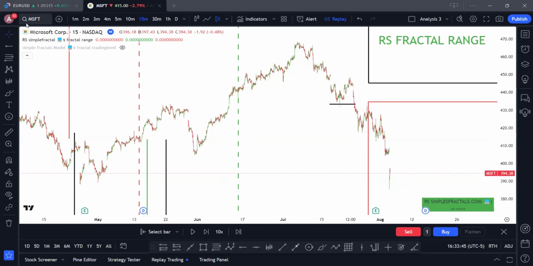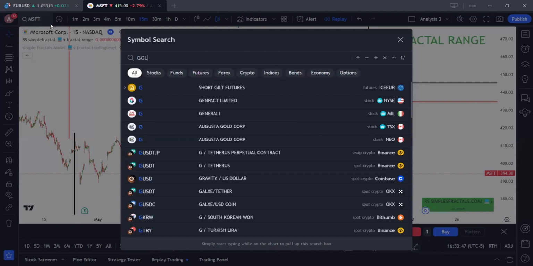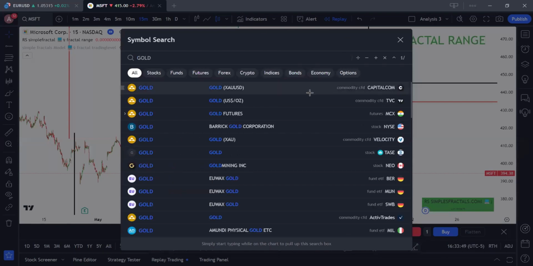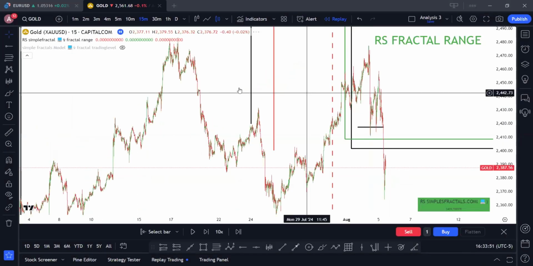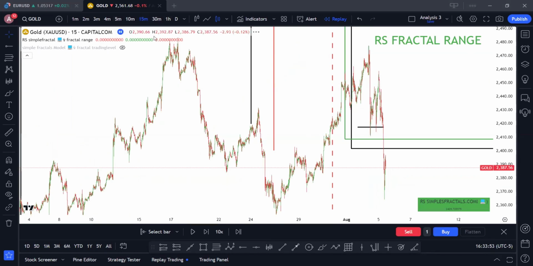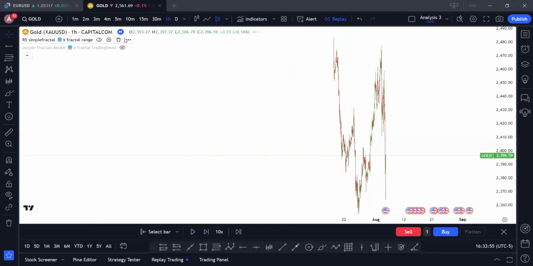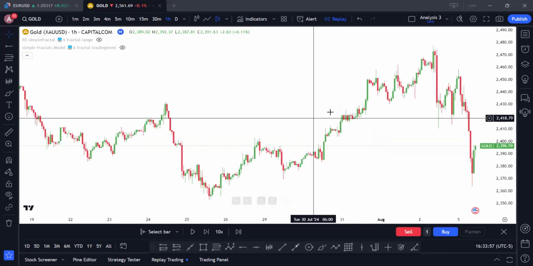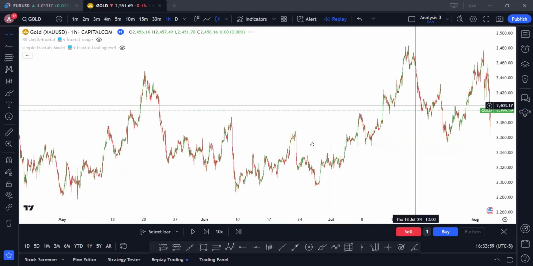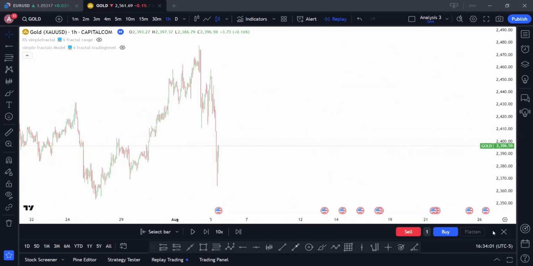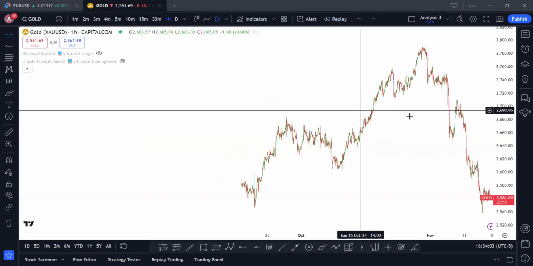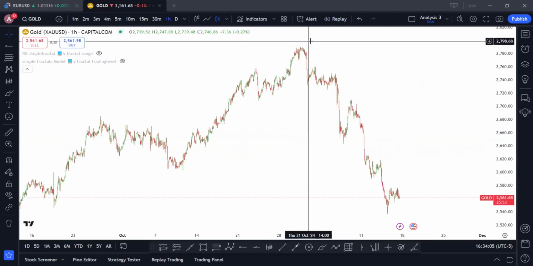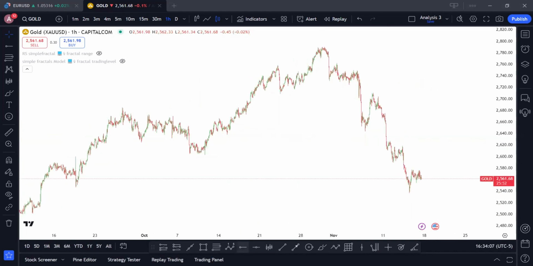There is no problem. If we go to the gold chart, we have received a lot of questions about why gold went on a big downtrend. So we go to the 1 hour chart, and right here we see this big dump on gold. And why did this happen?